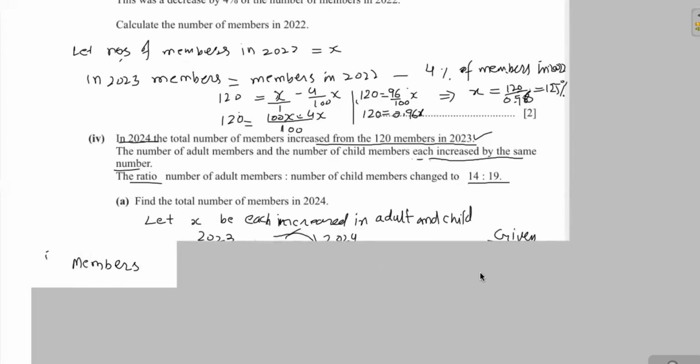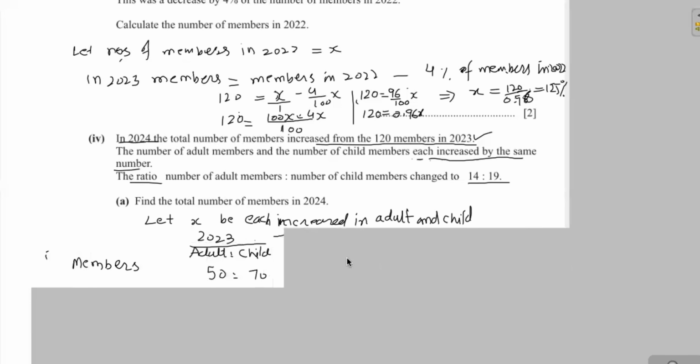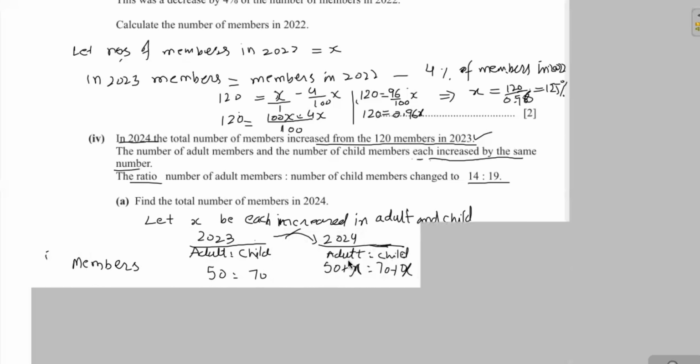Therefore, we can write that the 2023 members were 50 and 70. When increased by x, in 2024 the number of adults will become 50 plus x and children 70 plus x. The new ratio in 2024 between adults and children is 14:19.